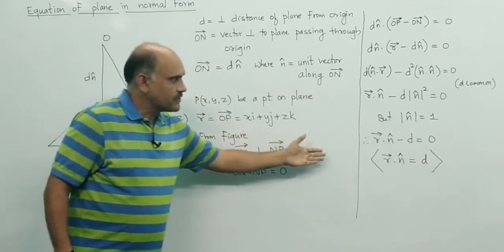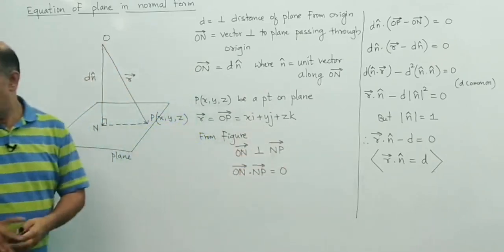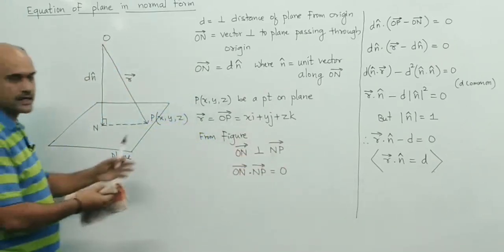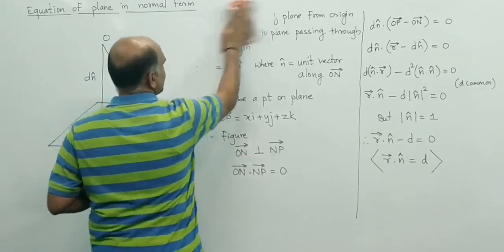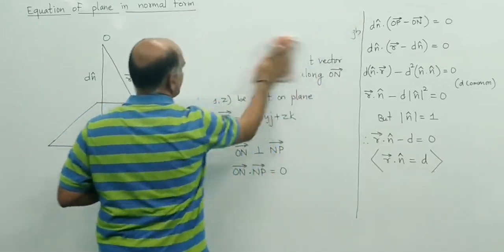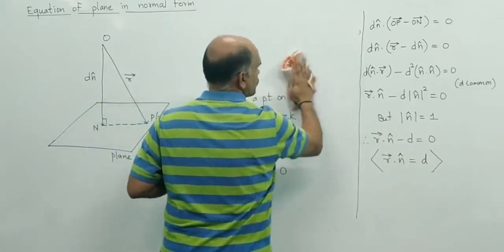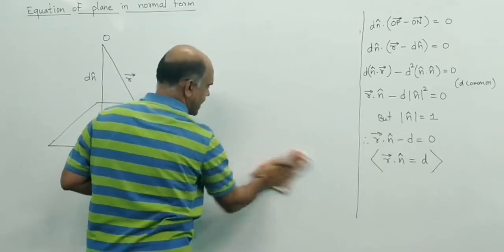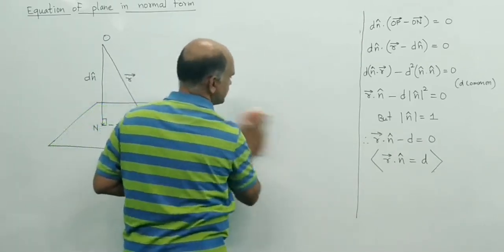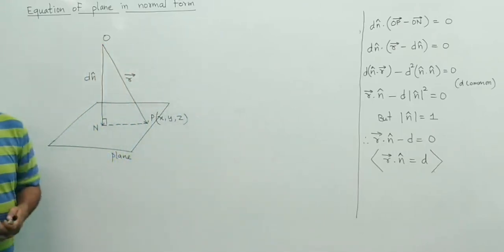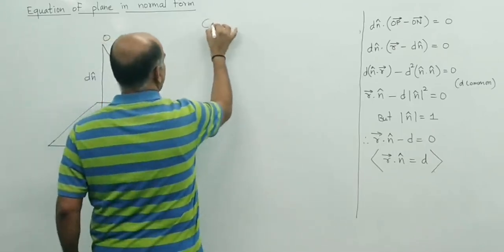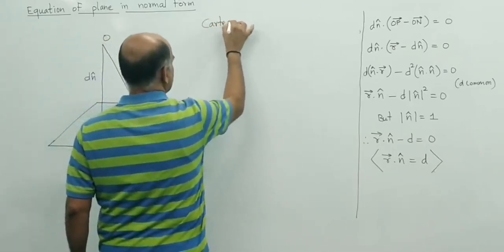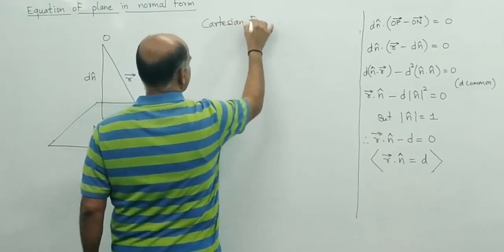If you are required to write it in Cartesian form, there is another step. Cartesian form means in terms of x, y, z. R is nothing but xi plus yj plus zk.